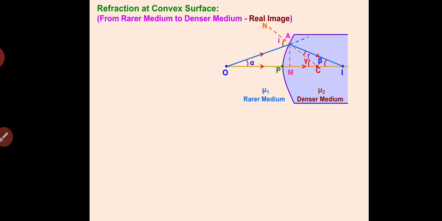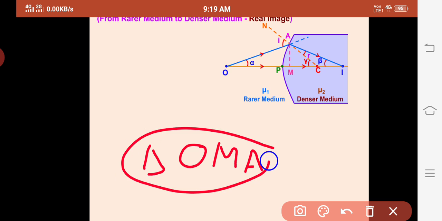From the right angle triangle OMA, we can easily find the value of i, because i is the exterior angle of triangle OCA.